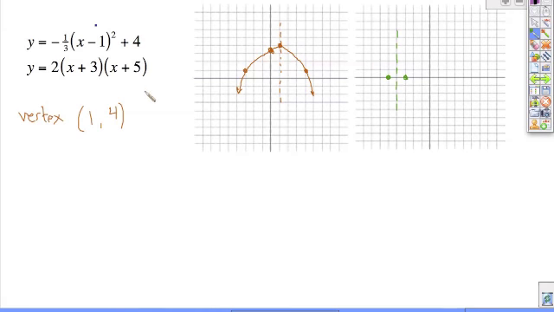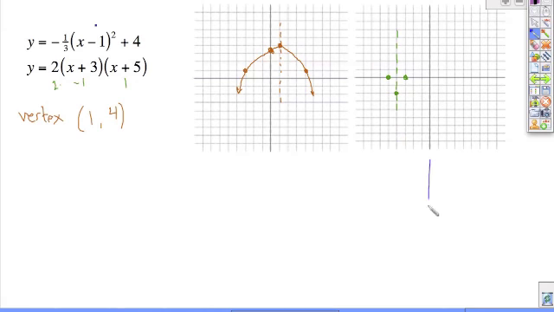I can find out the y-coordinate by plugging in -4. -4 plus 3 is -1. -4 plus 5 is 1 times 2. The y-coordinate is -2.